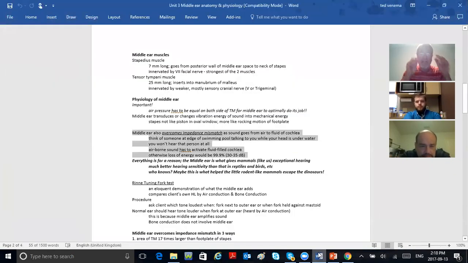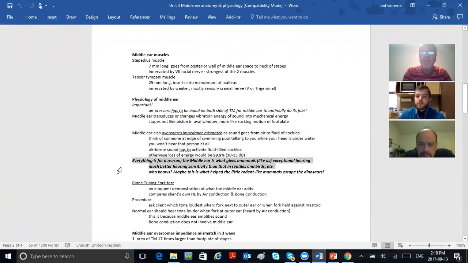Middle ear, highlighted here, overcomes impedance mismatch as sound goes from air to fluid of cochlea. Think of someone at the edge of a pool, and so on, okay? Everything is for a reason. The middle ear is what gives mammals like us exceptional hearing.